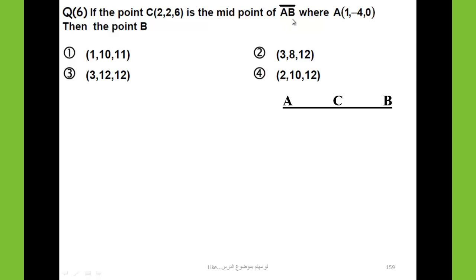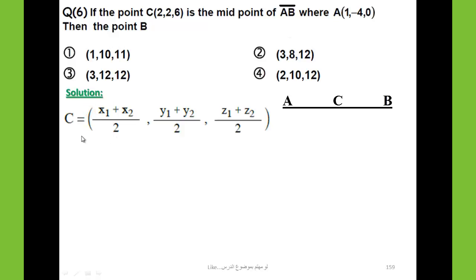We consider it (x2, y2, z2), and the midpoint is C equals (2, 2, 6). So what are the coordinates of the midpoint of line segment AB? C equals ((x1 plus x2) over 2, (y1 plus y2) over 2, (z1 plus z2) over 2). This is the coordinates of the midpoint in three dimensions.